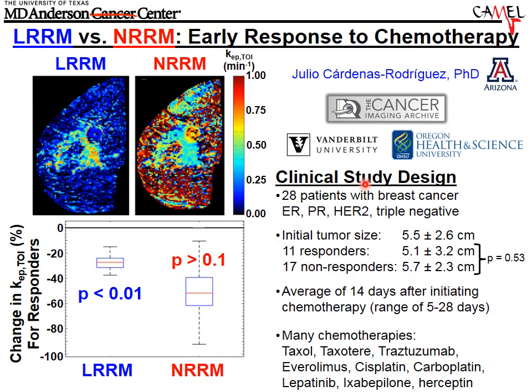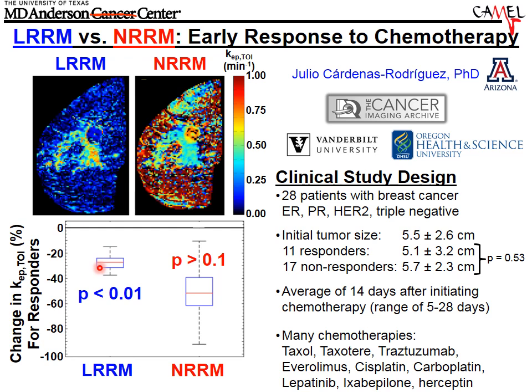We then studied 28 patients with breast cancer of all types, treated with many types of therapies over a range of days by using the Cancer Imaging Archive at the NIH. And this was work from my colleague Julio Cardenas Rodriguez at the University of Arizona. And with our improved precision, we were able to detect a decrease in KEP, which happens to be the transport from the tumor back into the blood vessel, as a biomarker to detect responders versus non-responders.